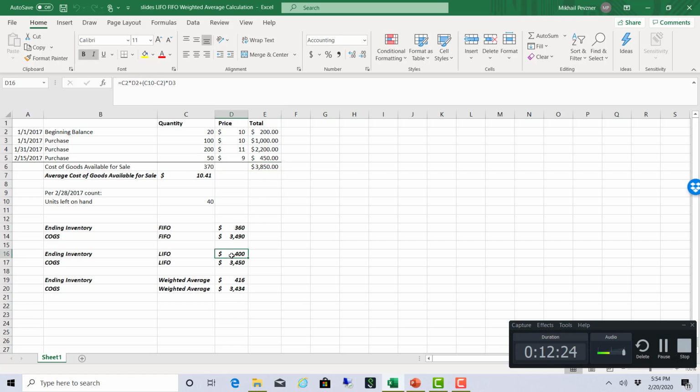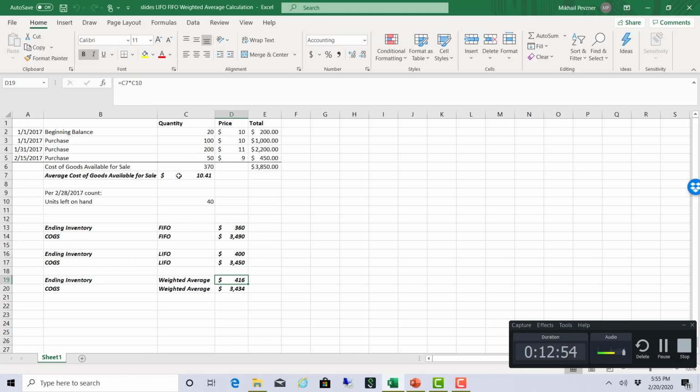Now, average cost is easy. There's a reason why I calculated the average cost. The average cost here is really the weighted average, kind of, right? You took prices times quantities and divided by total quantity, sort of like how you'd calculate a GPA. Well, if you know what the average cost is, then to calculate ending inventory, you simply take the average cost multiplied by the number of units left, which is 40, and that works out to be $416.